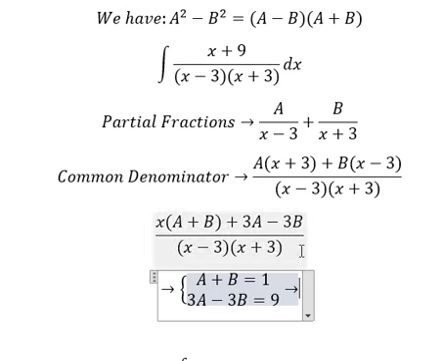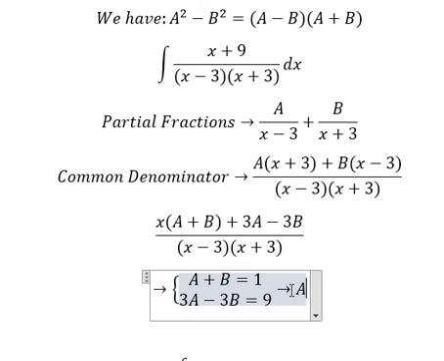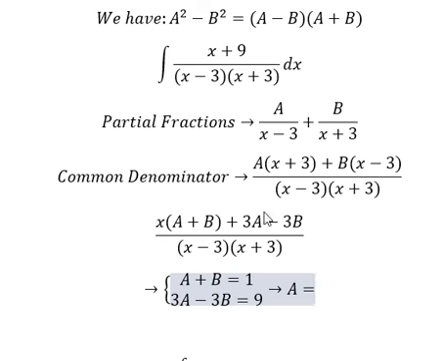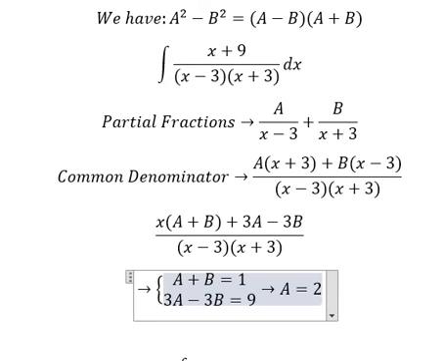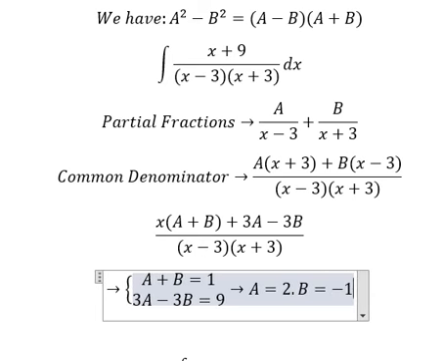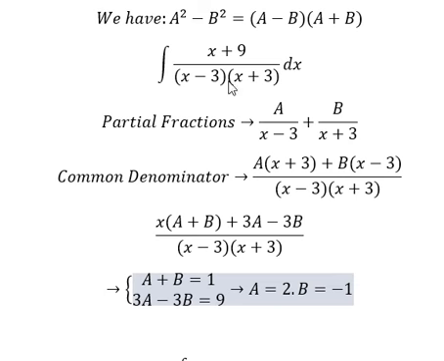Now we calculate the solution of a and b. So a equals 2, b equals negative 1. So we put 2 and negative 1 in here.